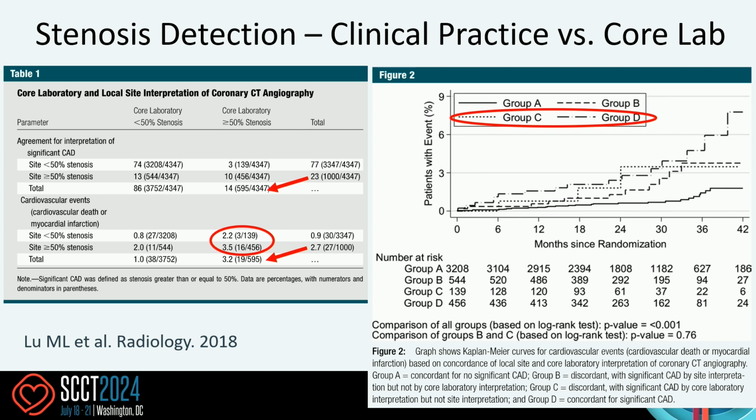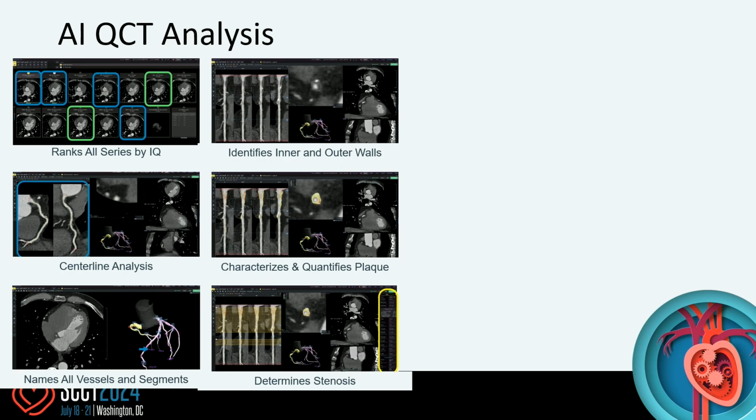These are data from the PROMISE trial from Michael Liu, showing that when you move from general practice, where people read the studies, to the core lab, where people are very organized and systematic, you decrease the number of patients that have significant stenosis and better detect those who actually have worse outcomes. So can we replicate it in our day-to-day practice?